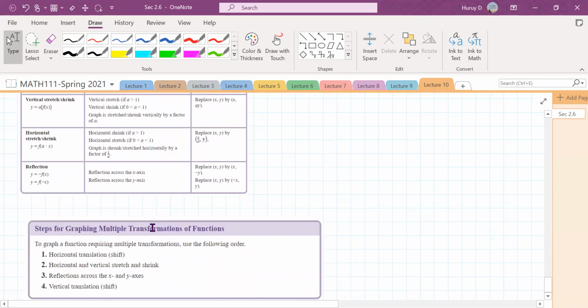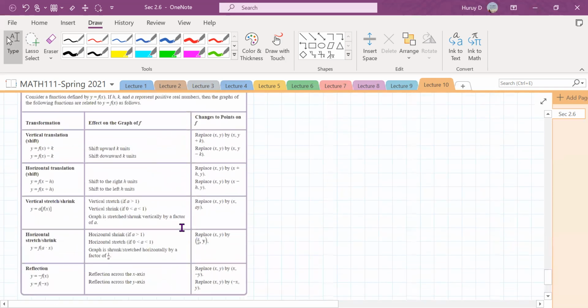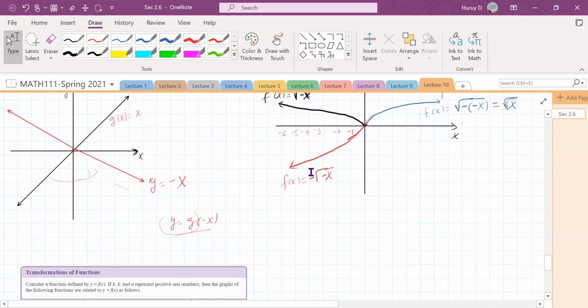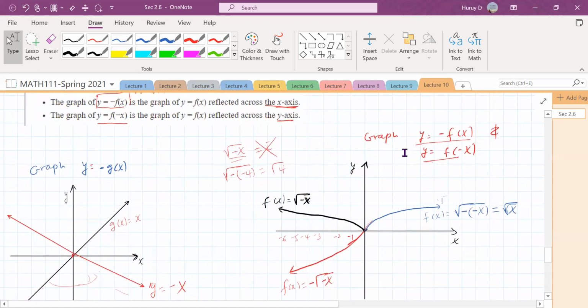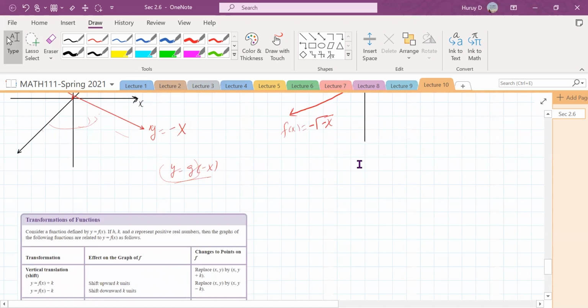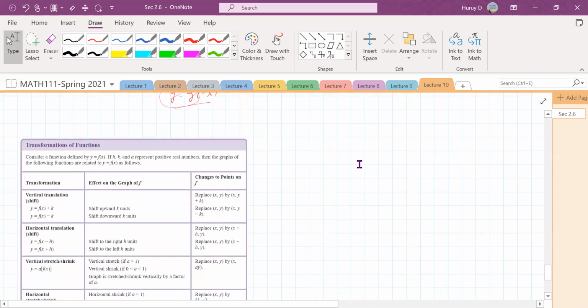So this is just a guide when you make transformations, because in the examples that we have been doing, more or less we did it just for one type of translation, each example separately, right? But sometimes you can be given one function that can consist of all the translations: vertical translation, vertical stretch or shrink, horizontal stretch or shrink, and so on and so forth. Or even reflections.